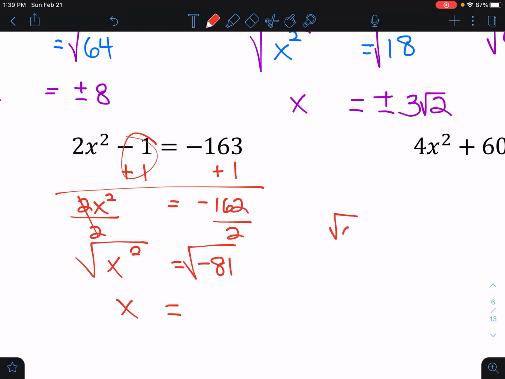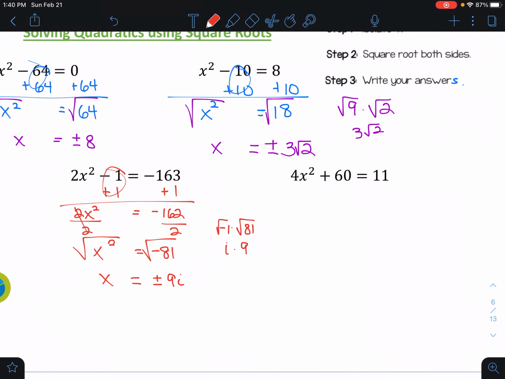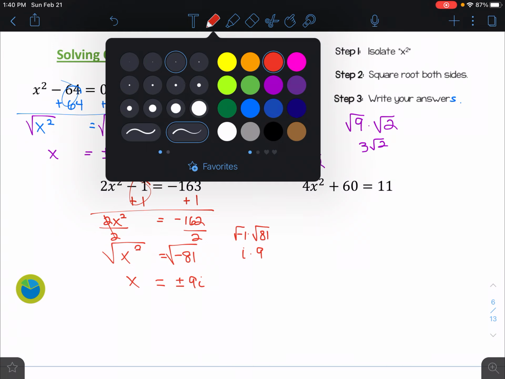I've got to get rid of that negative. Negative is going to be i, and then this is going to be the square root of 81, which is 9. So my answer is plus or minus 9i. If you were to graph this quadratic, it would not cross the x-axis because both roots are imaginary.